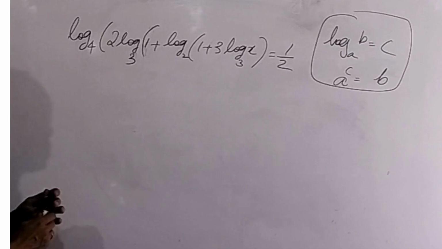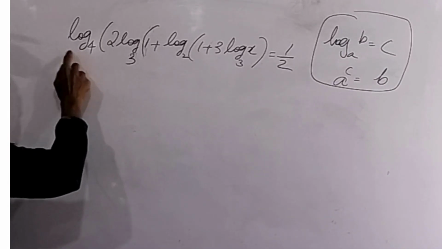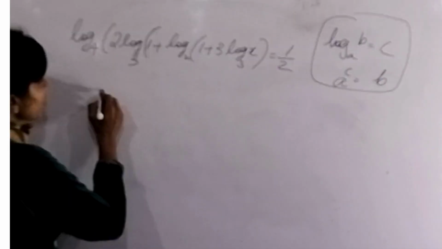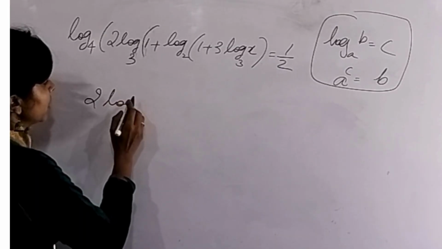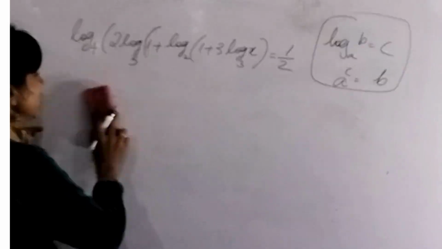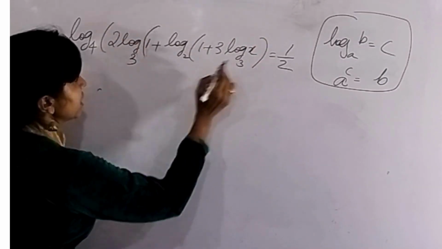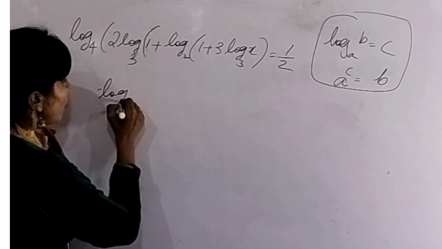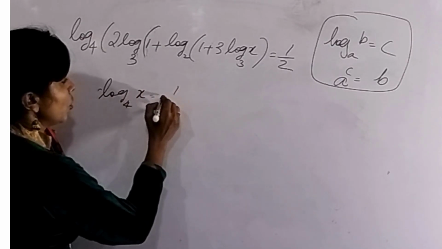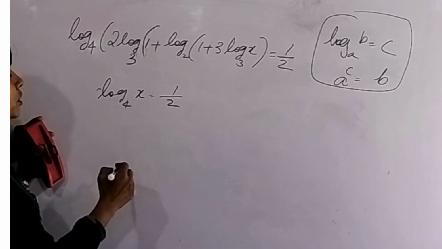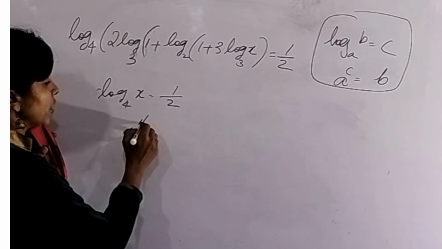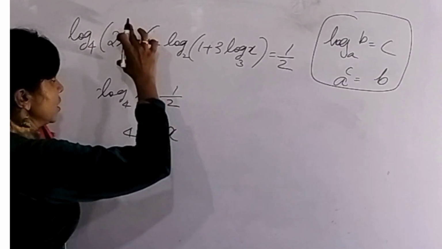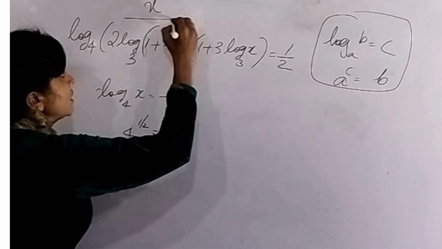First, I am going to remove this first log. Suppose the whole function inside is x. Then log base 4 of x is equal to 1 by 2. When we remove the logarithm, 4 to the power 1 by 2 is equal to the function x.